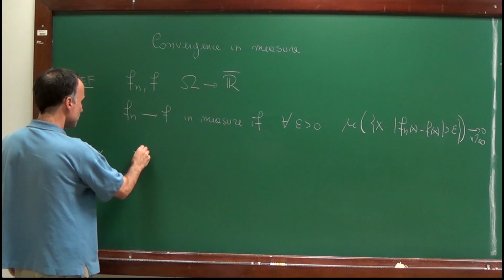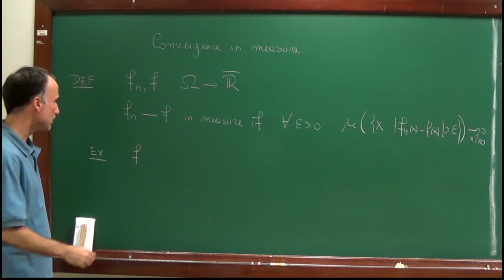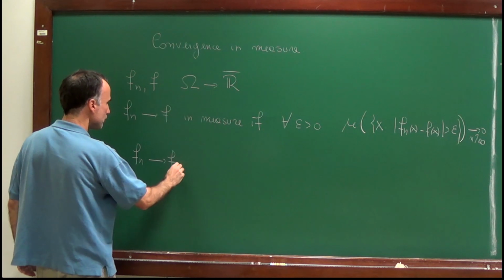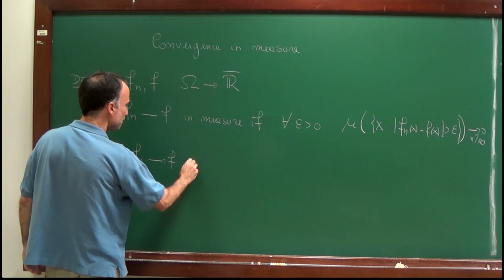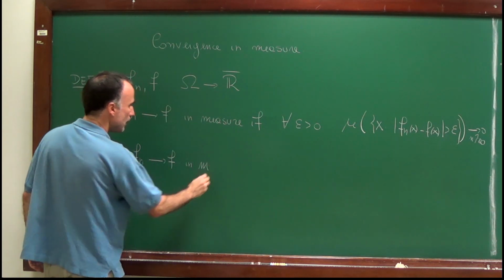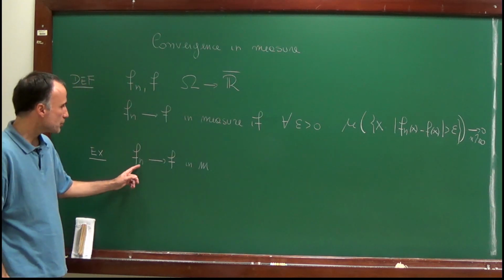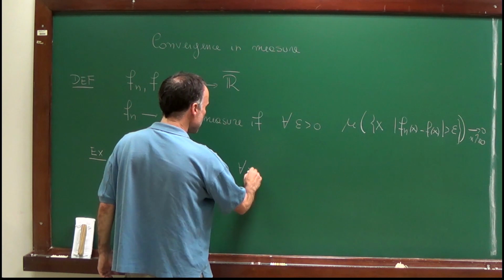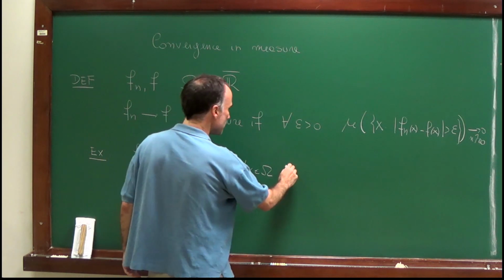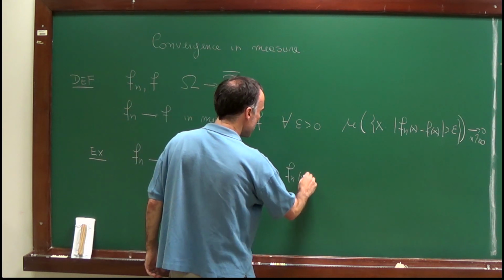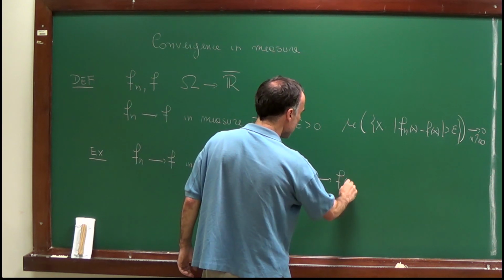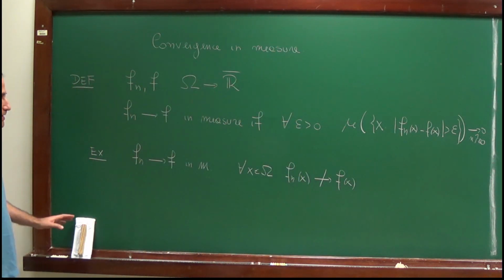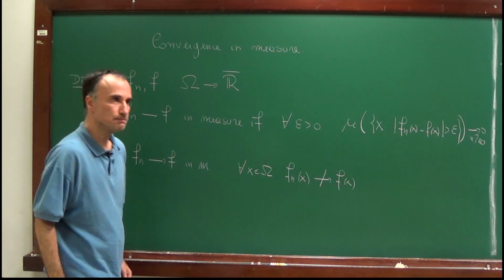of a sequence. This is the classical example of a sequence f_n which converges to f in measure, but which does not converge pointwise to f. For all x in omega, we will show that f_n(x) does not converge to f(x). The example is very simple.